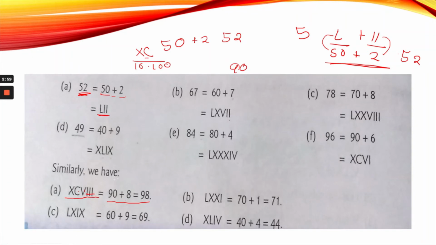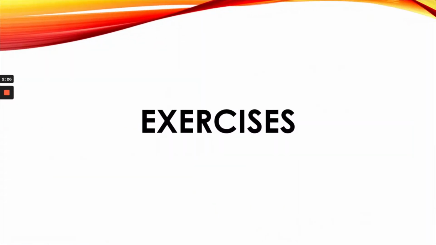So 5 plus 3 is 8. So 90 plus 8 is 98, and we can write it as XCVIII, and this is the only correct form of writing this. You can see this, and let's go ahead to the exercises.